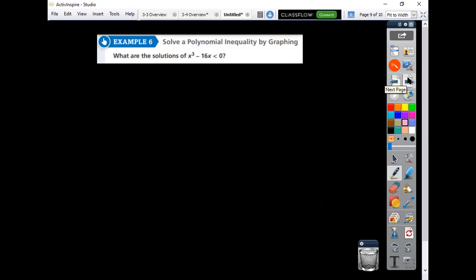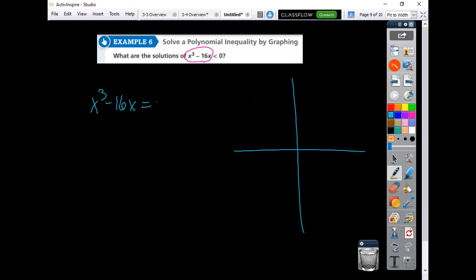How about an inequality? So if we graphed this polynomial, and where is it less than 0 would mean where is the graph below the x-axis? So let's see. When does x cubed minus 16x equal 0, to find our zeros to start with.